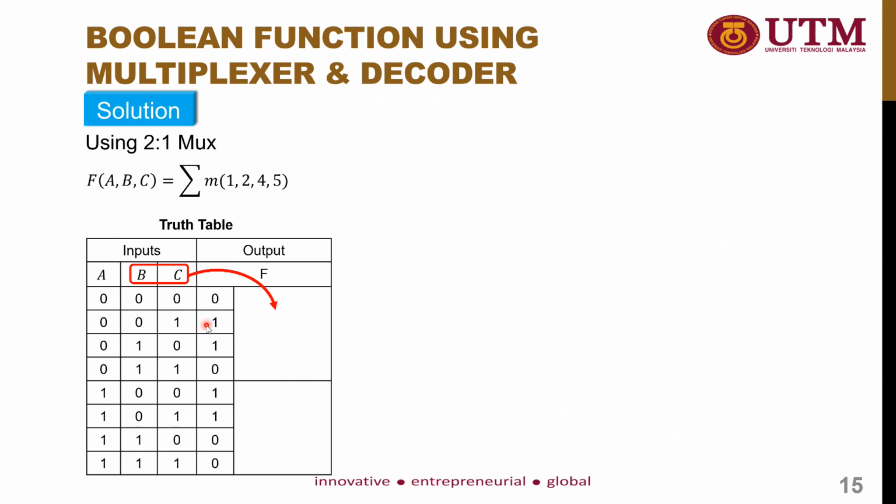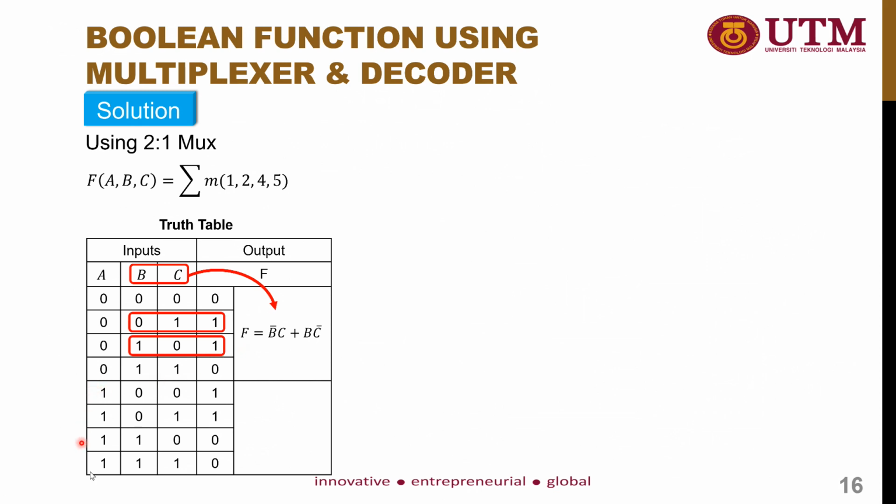The output becomes 1 when B is equals to 0 and C is equals to 1. So from here, you can get the expression F equals to B bar C. And then you have another output when F equals to 1, when B is equals to 1 and C is equals to 0. So your expression becomes B bar C plus B C bar.